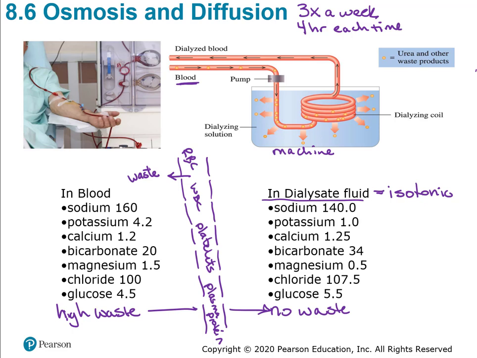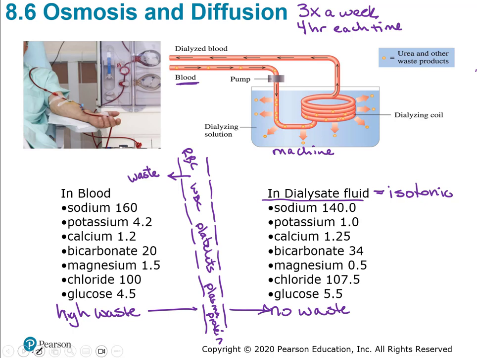Looking at this, for example, what if your sodium level is 160 in the blood and the isotonic level is 140? What will happen to the sodium? Is it going to move out of the blood or into the blood? Out.